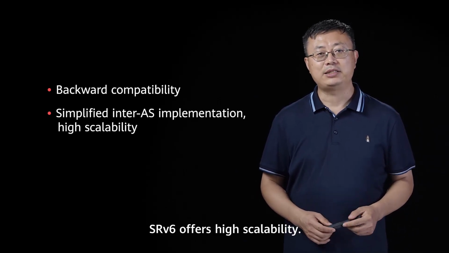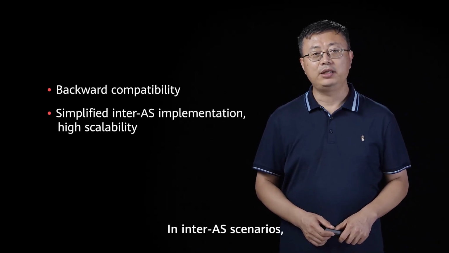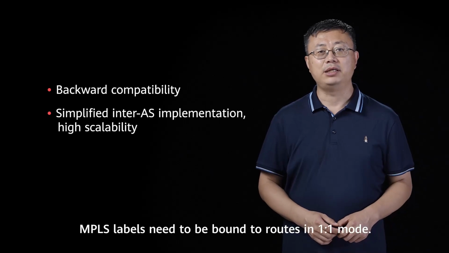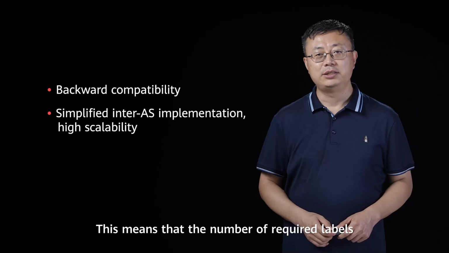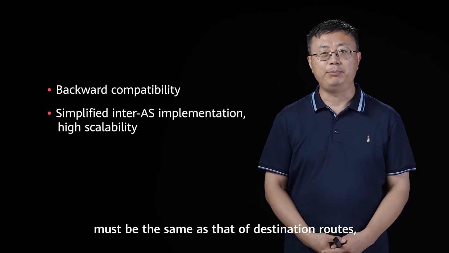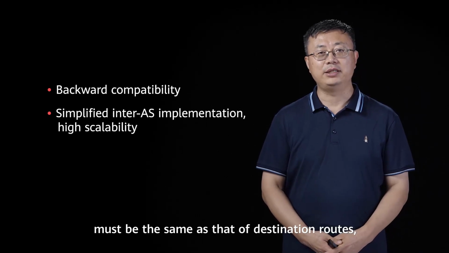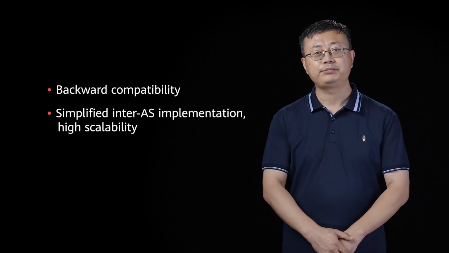In addition, SRv6 offers high scalability. In inter-AS scenarios, MPLS labels need to be bound to routes in one-to-one mode. This means the number of required labels must be the same as that of destination routes, limiting the degree of scalability.